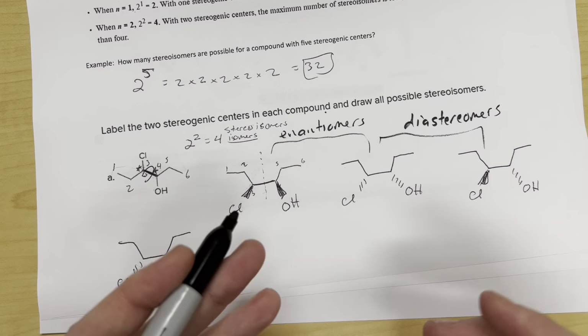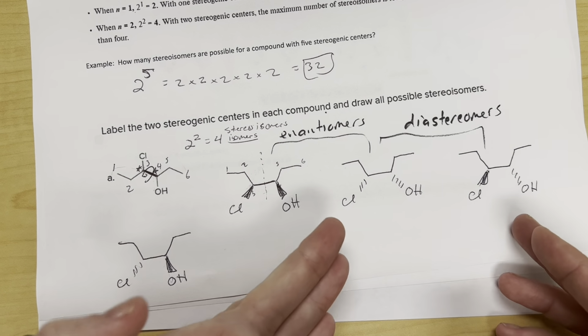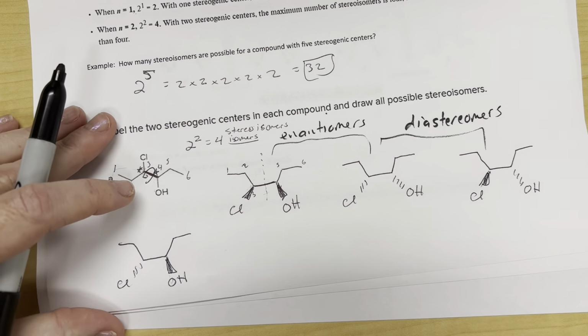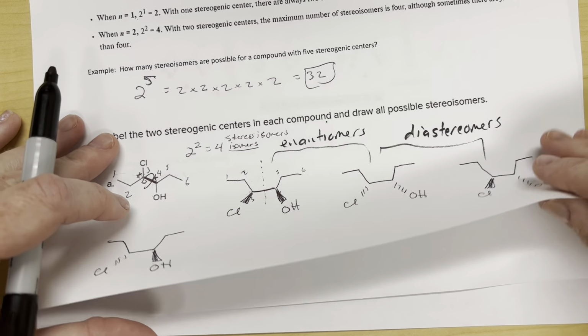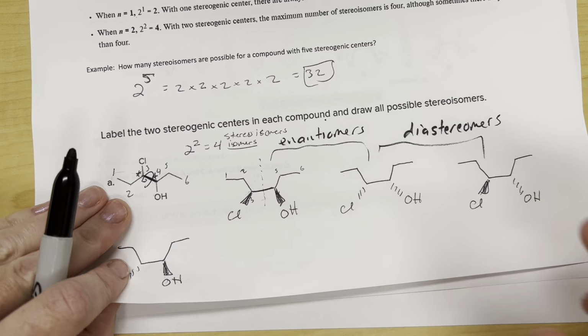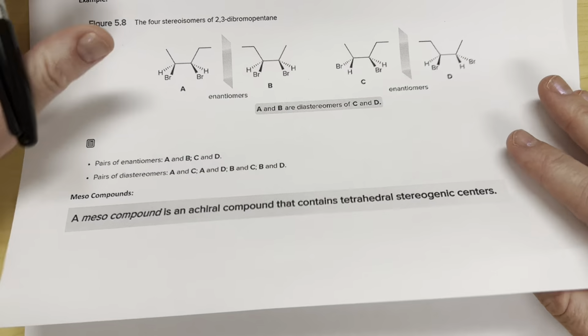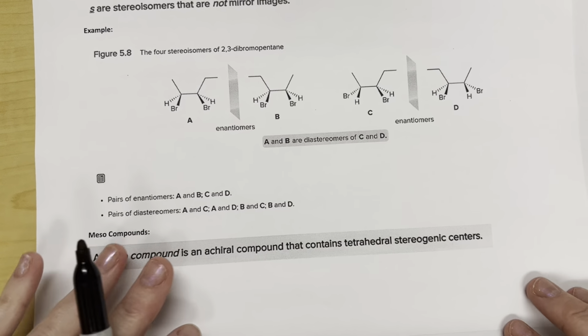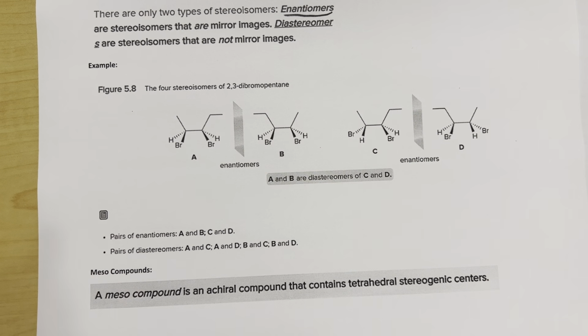But a quick way to look at it is if one is cis and the other one's trans. That is probably the best way to look at whether things are diastereomers. So here we have something that is cis, and over here it is trans. So those would be diastereomers. They are not mirror images.